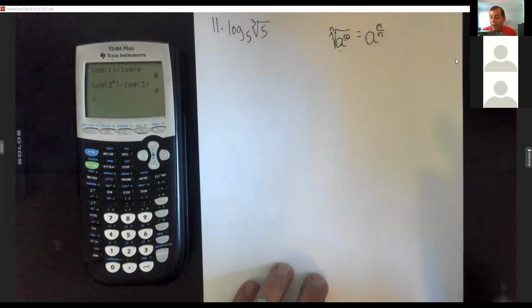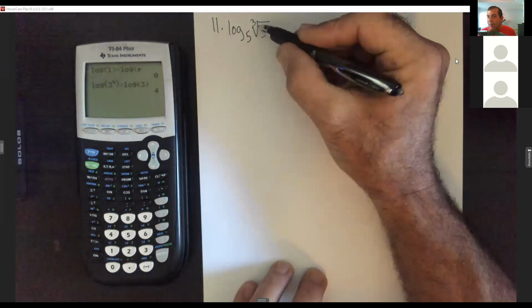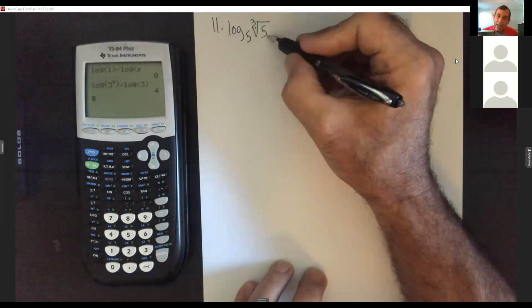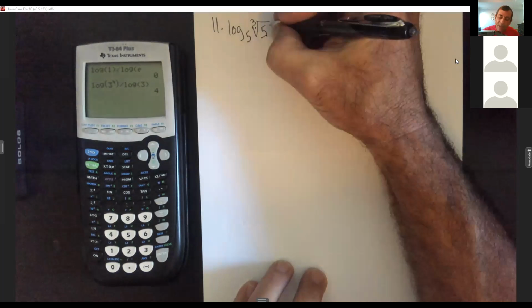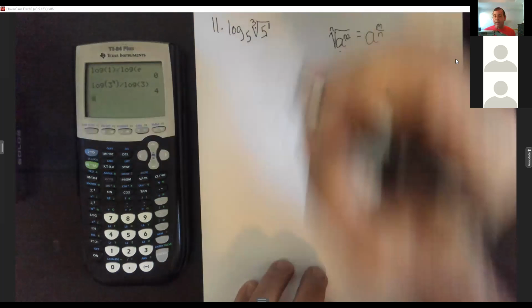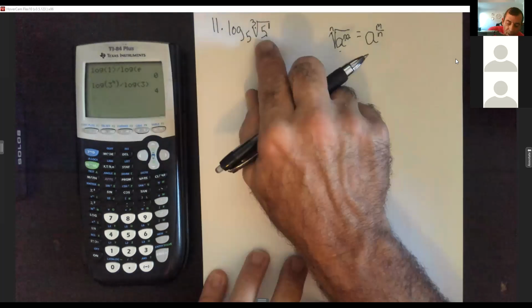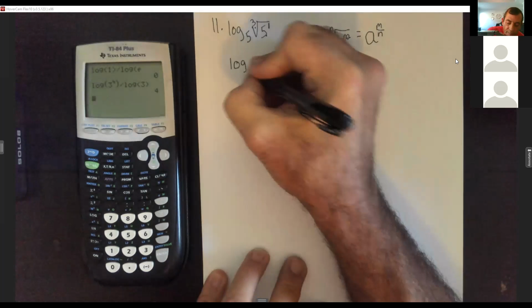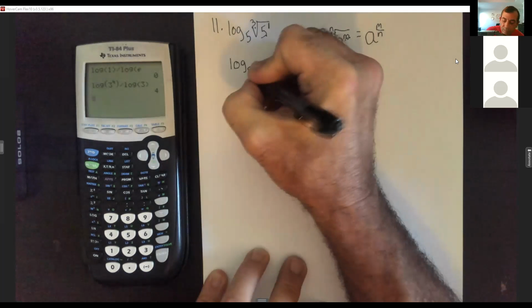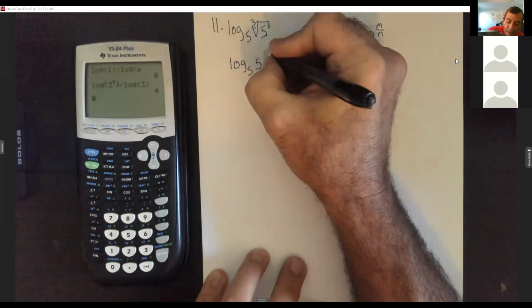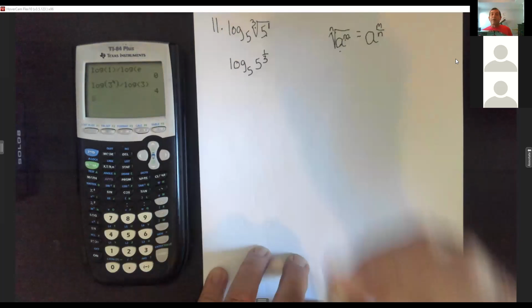All right. So we got a number here of a 3, but we don't have an exponent by the 5. So the exponent by the 5 would definitely be a 1. So I'm going to write this without the radical. So I'm going to have a log base 5 of 5 to the 1/3.